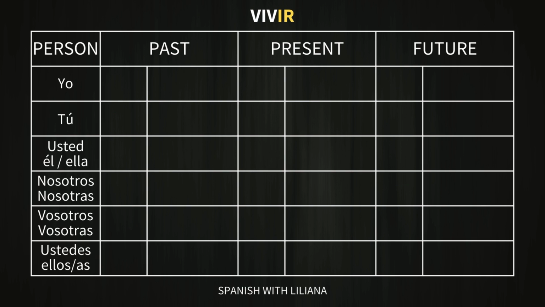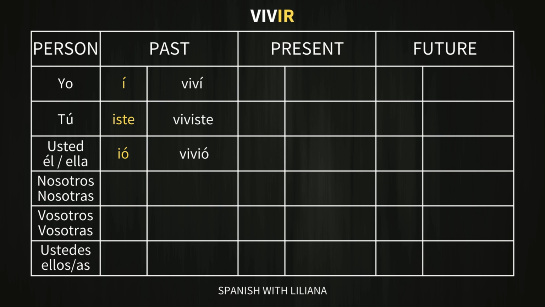And the third verb type is the regular IR verbs, and we'll use vivir, which means to live. For yo, we'll replace IR with the I and the accent. Viví. For tú, we'll use iste. Viviste. For usted, él, ella, we'll use I and the O with the accent.